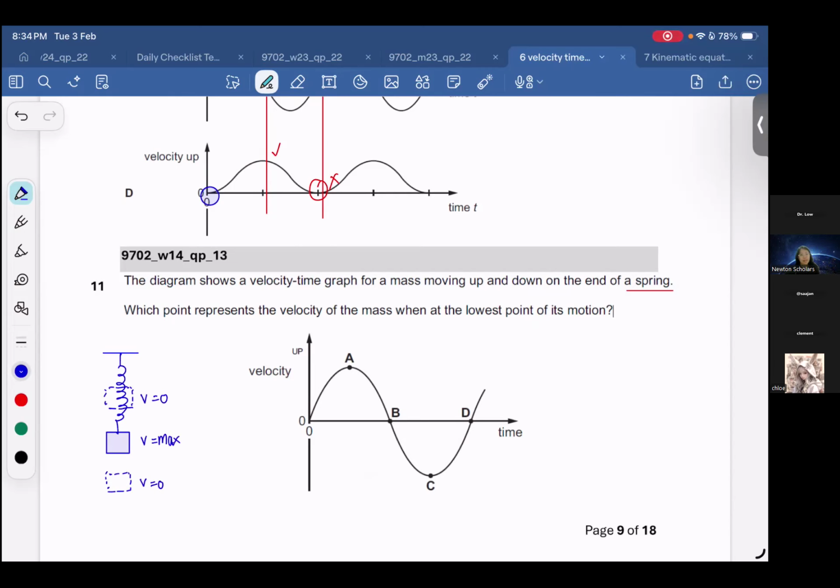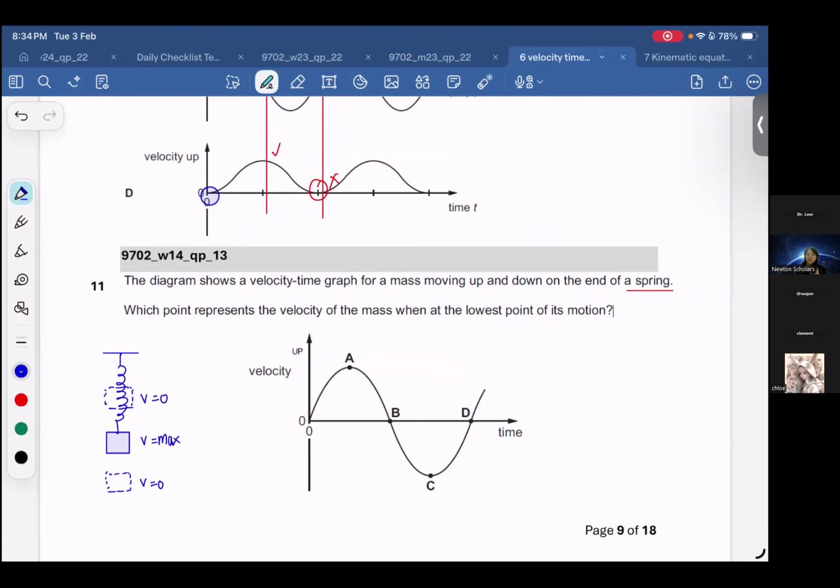Lowest position at which point? Chloe, yes, correct. How about the others? Any others?